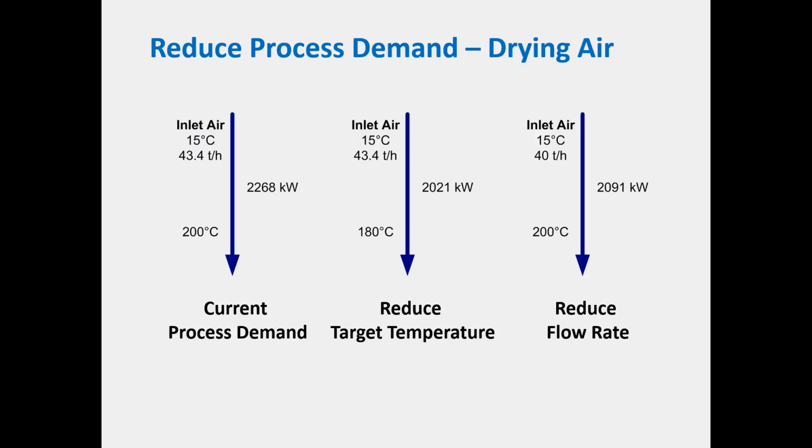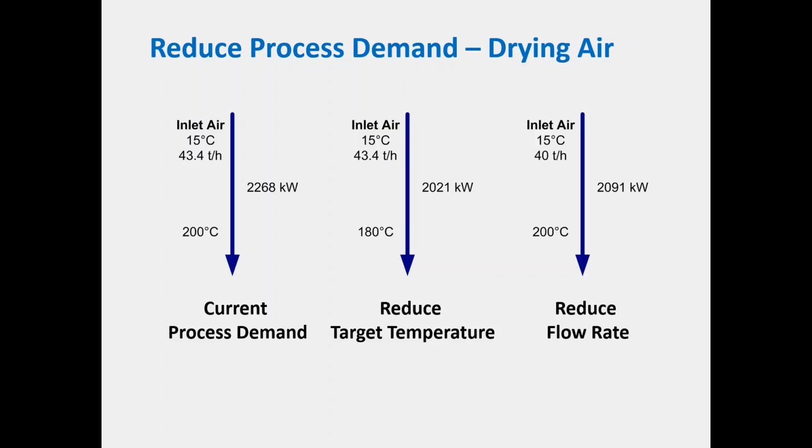Okay, so the other way to reduce the process demand is to reduce the volume of your process stream. Okay, or you could do these two things together potentially as well. Both reduce the target temperature and reduce the flow rate.